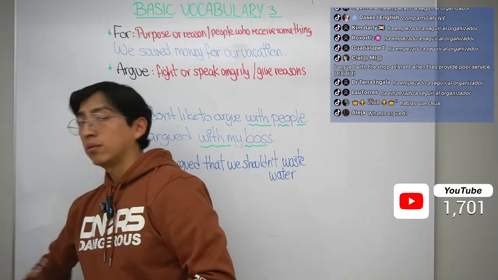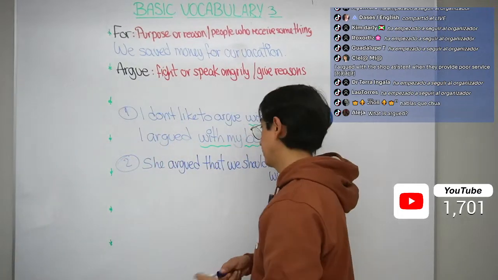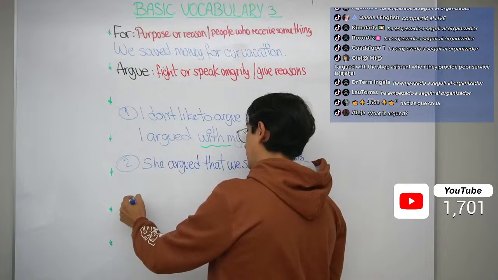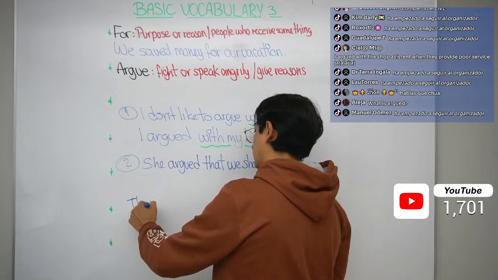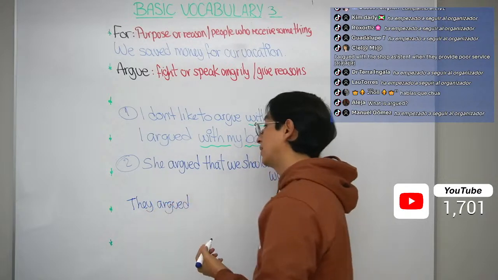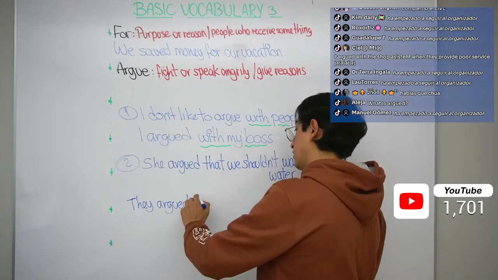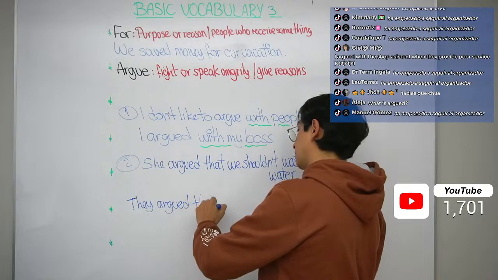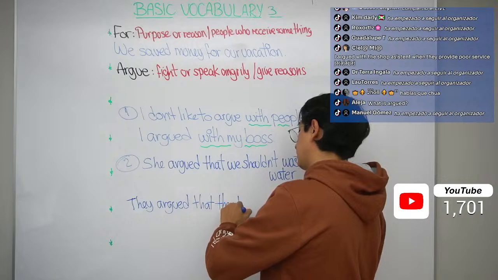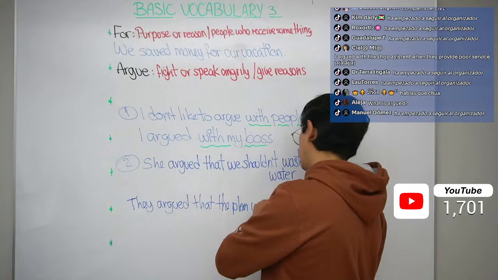Okay, let's put one more example here. Maybe we can say, they argued that the plan was risky.